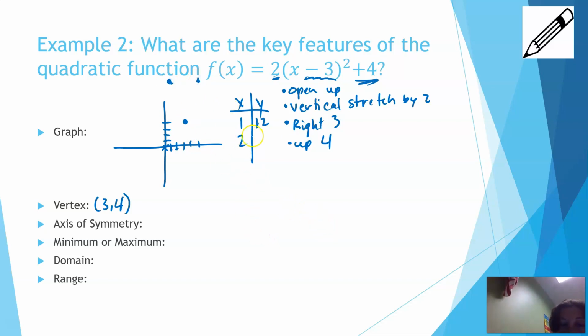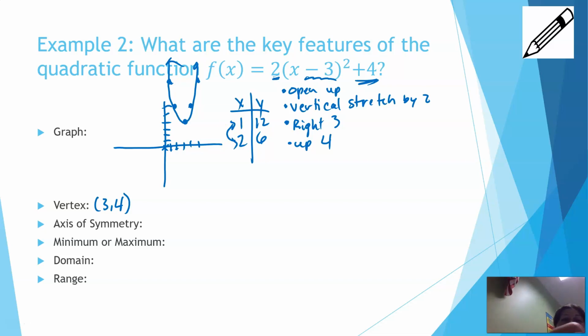I couldn't figure out why it was so high, but then when I plug in 2, I get 2 minus 3 is negative 1, negative 1 squared is 1, times 2 is 2, plus 4 is 6. So this point is at 1, 2, 3, 4, 6. There we go. So those closer ones. There we go. So it's still a little bit steeper, and those are my points. So usually I flip these. That's what caused my confusion.